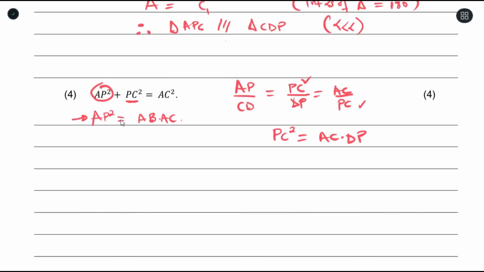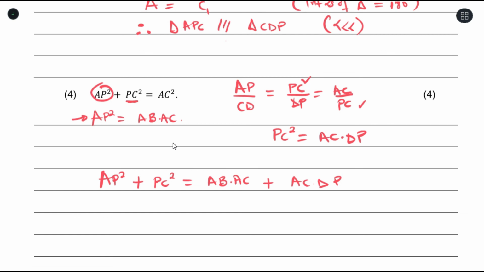I have AP squared, which is AB times AC, and I have PC squared, which is AC times DP. So I could add both of them and say AP squared plus PC squared is equal to AB times AC plus AC times DP.